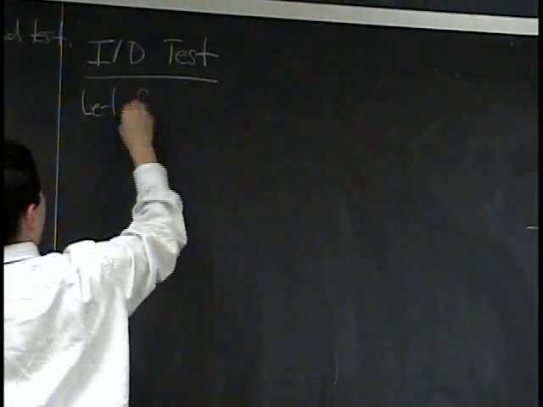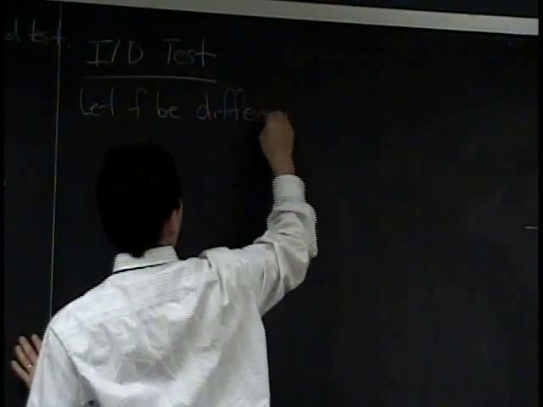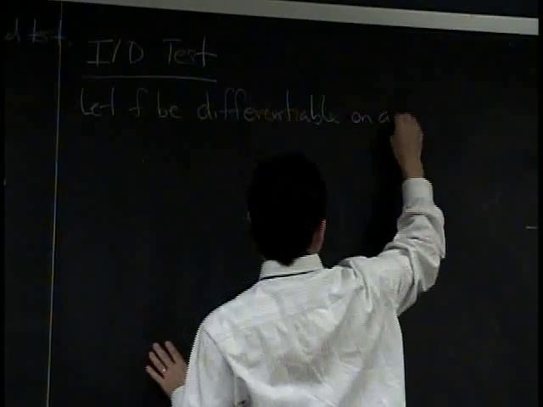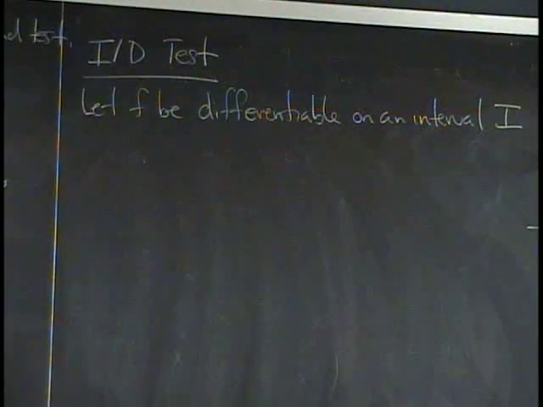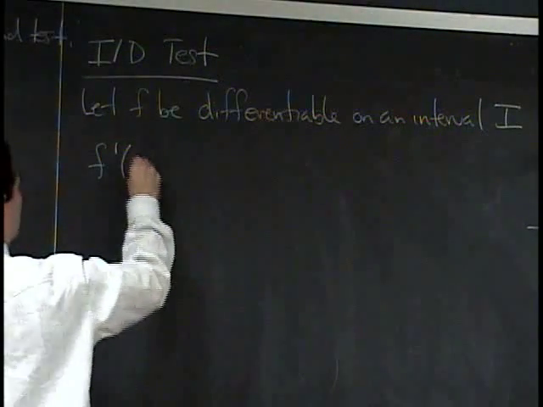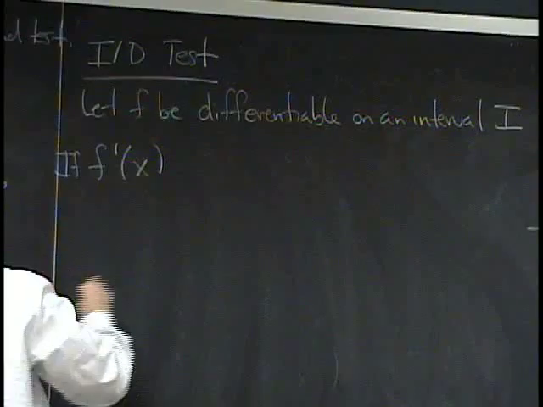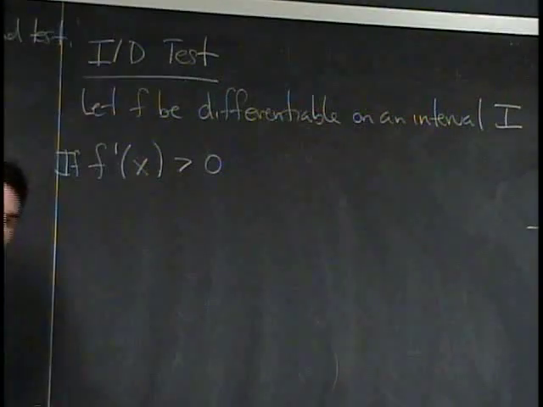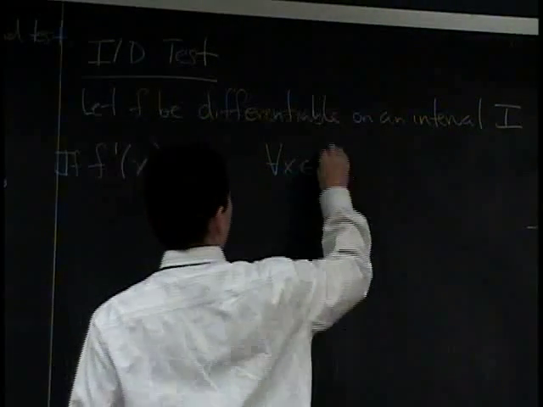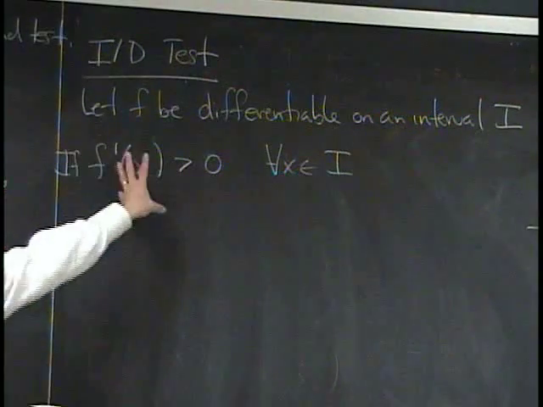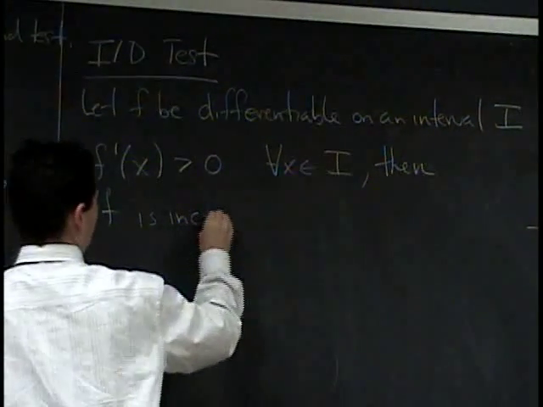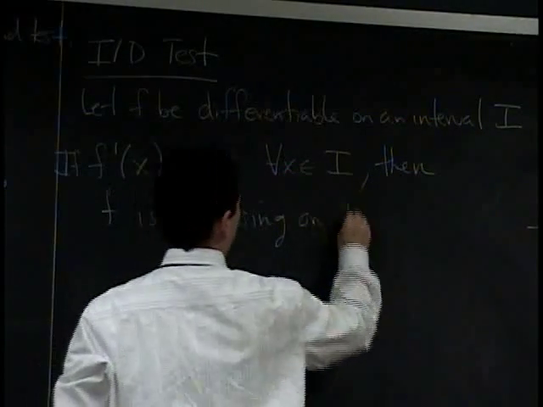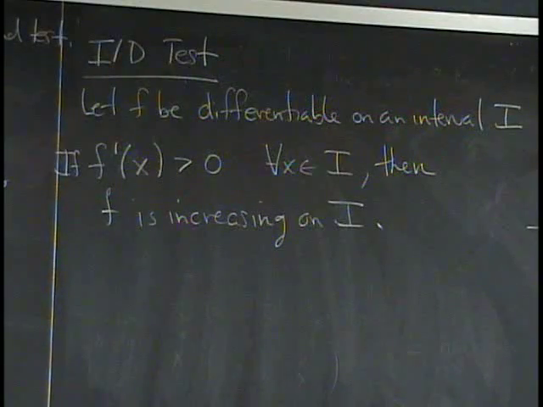So we let f be differentiable on an interval I. Say if f prime of x is greater than 0 for all x in the interval I, so the derivative is positive on that interval, then f is increasing on I. If you have a positive derivative, then the function is increasing.